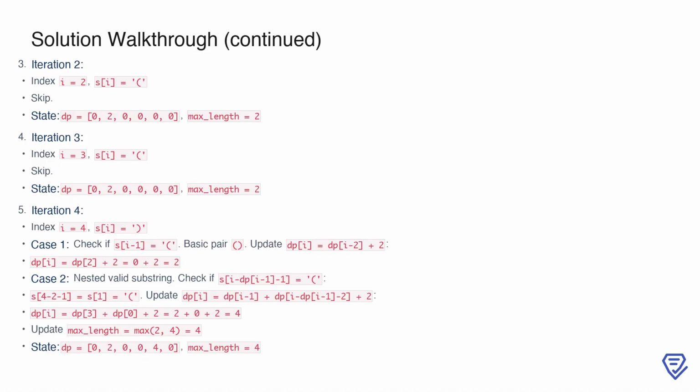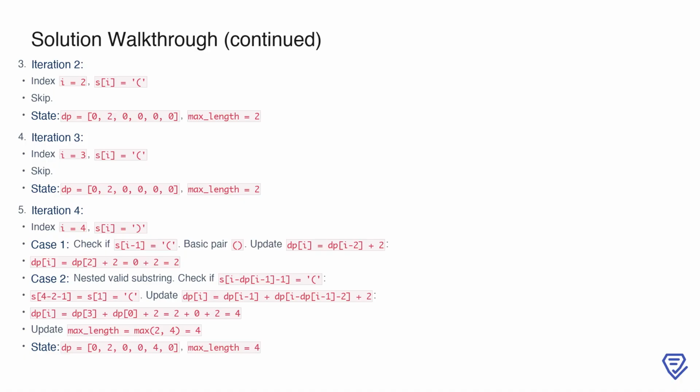At index i equals 4, the character is. First, we check if the previous character s[i-1] is. Since it is, we form a basic pair. Using the formula dp[i] equals dp[i-2] plus 2, we calculate dp[4] as dp[2] plus 2, which gives 2. Additionally, we check for a nested valid substring.